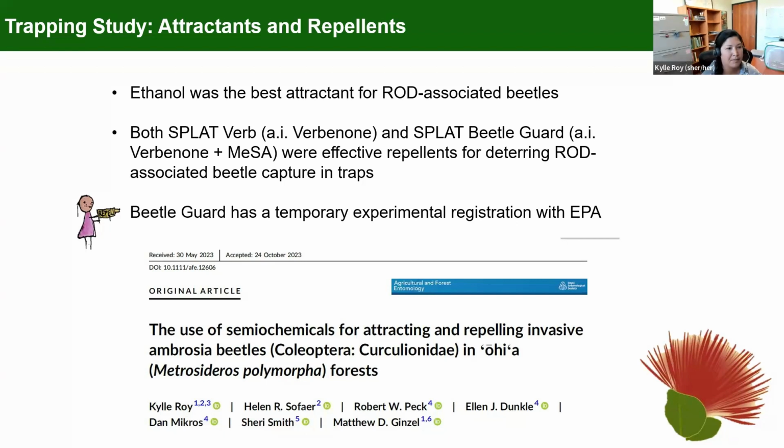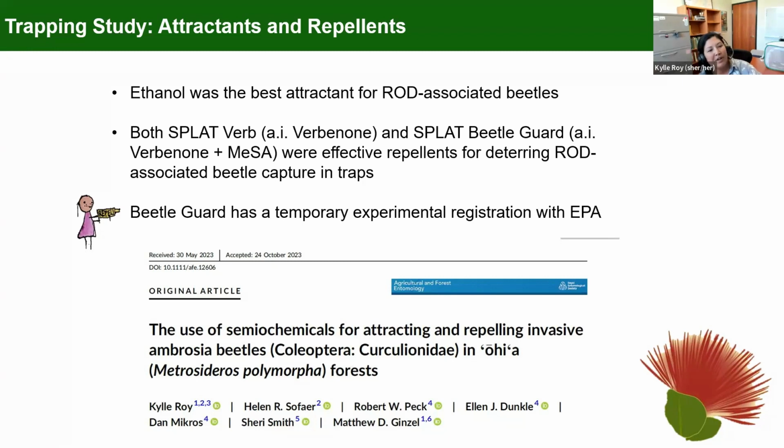We conducted another experiment where we placed the attractants in conjunction with the repellents, to see if the repellents were reducing trap capture. We were able to see that both Splat Verb and Splat Beetle Guard were effective repellents for all of the ROD-associated ambrosia beetles. You can read about that work in this paper here.